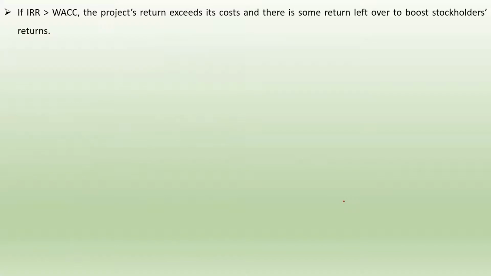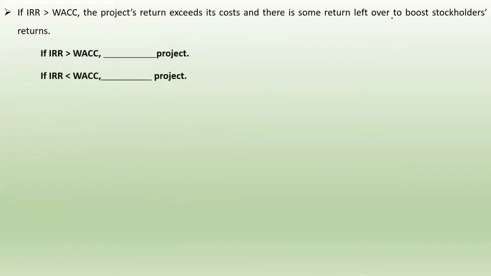The IRR decision rule looks like this. When IRR is greater than the weighted average cost of capital, we should accept it, which means the return is higher than the cost. Remember the risk-return trade-off: a higher weighted average cost of capital means a higher required return.